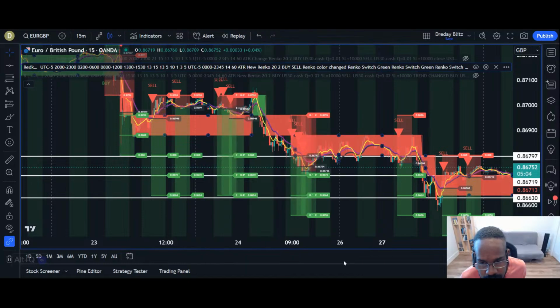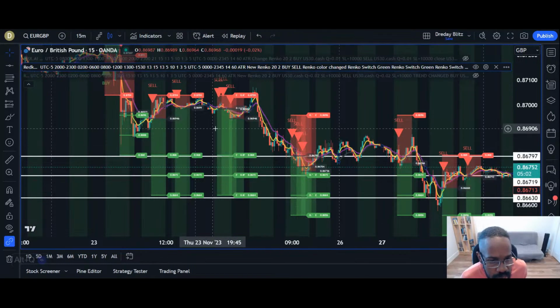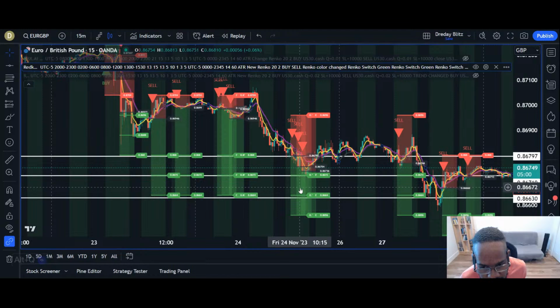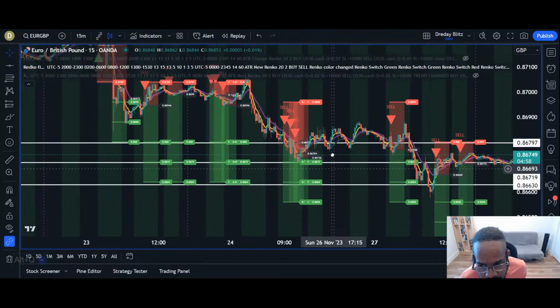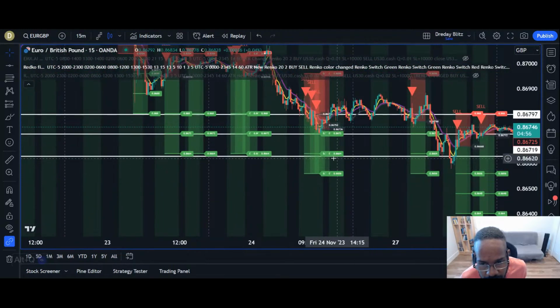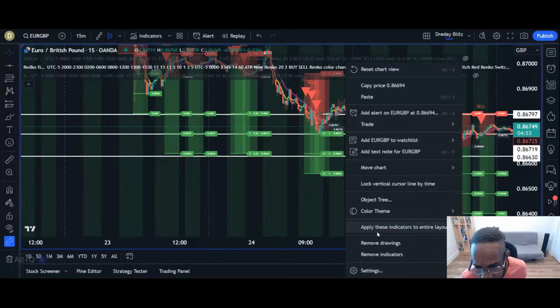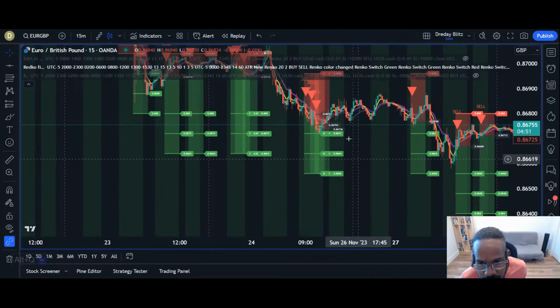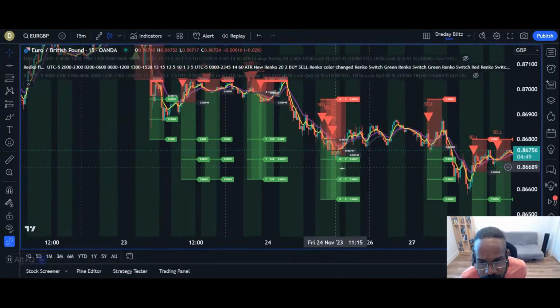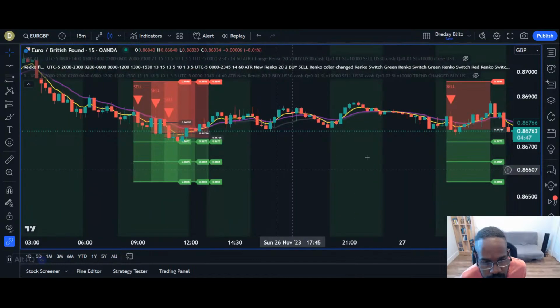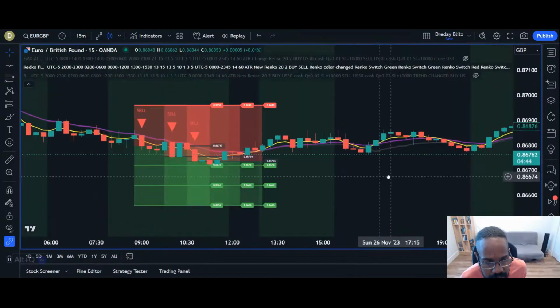Boom, boom. As you could see, based off those entries here, you already have your TPs here. I'm just going to remove the drawing so you can see. So you have the zones. Everything is already calculated here.